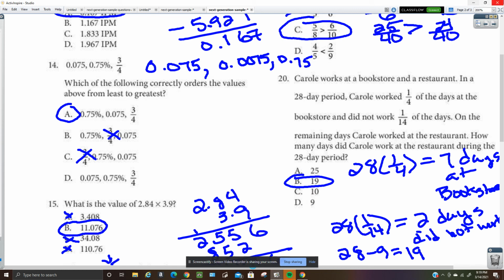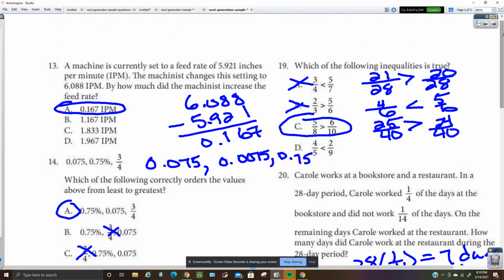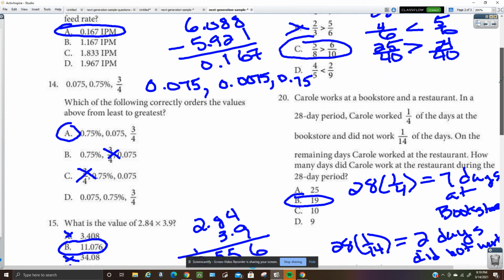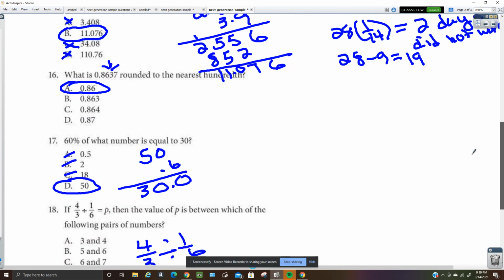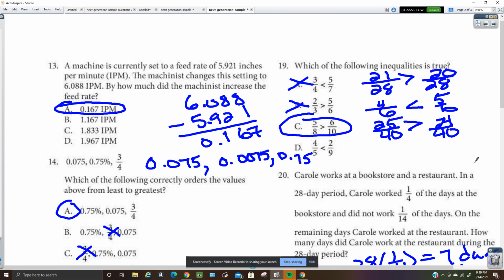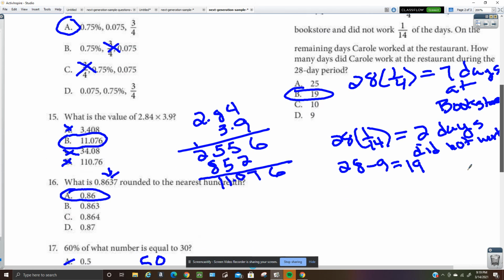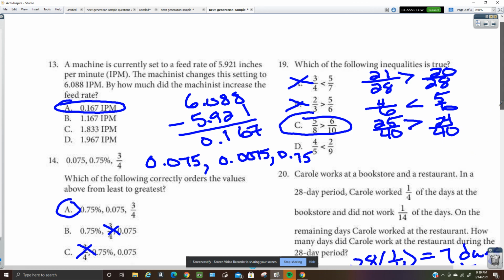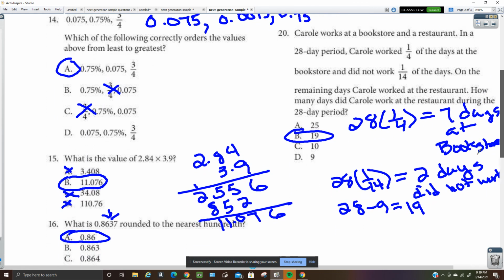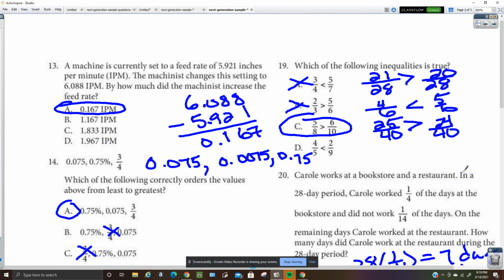So reviewing the answers on this page here. 13 is A, 14 is A, 15 is B as in Bravo, 16 A, 17 D as in Delta, 17, whoops, let's go down here.